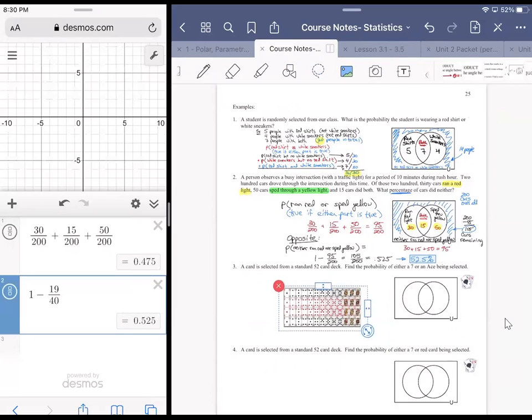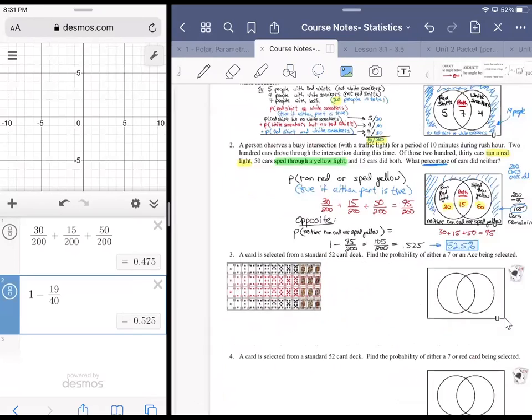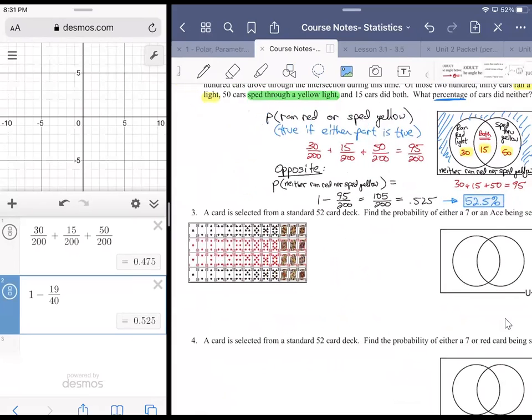If you have the whole sample space available, it's pretty easy to just count up the ones that fall into the category that you're looking for and then go from there. But sometimes it's a little easier to do it analytically or using the algebraic approaches.